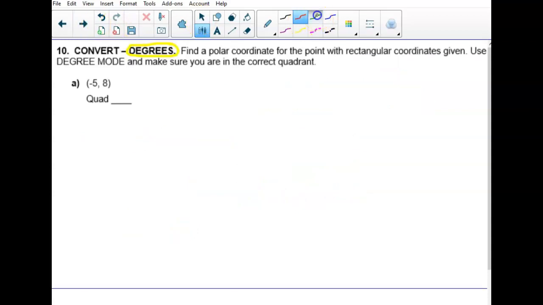And finally, there's a question on converting the same kind, but it's in degrees. So put your calculator in degree mode, and it says that in the question twice. So 5, negative 8, I'm sorry, negative 5, positive 8. It wants an r and a theta.